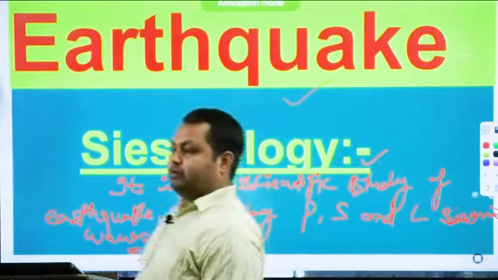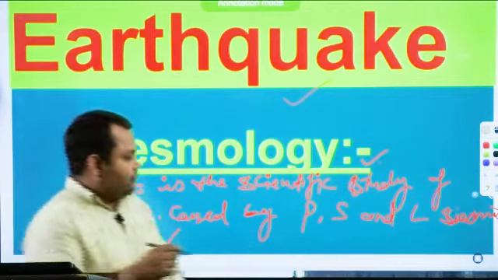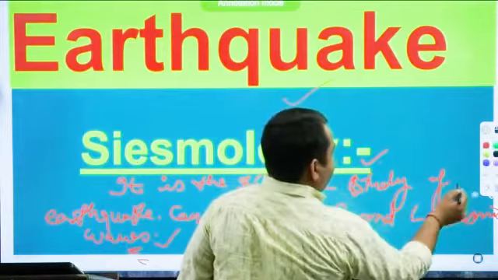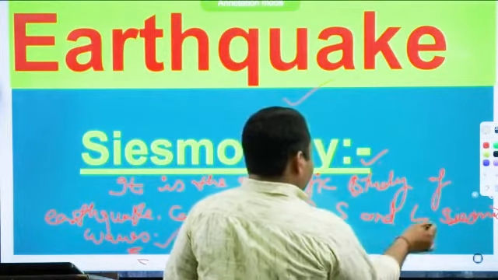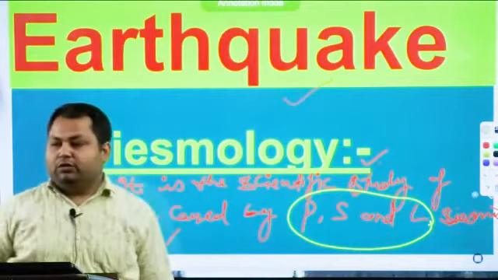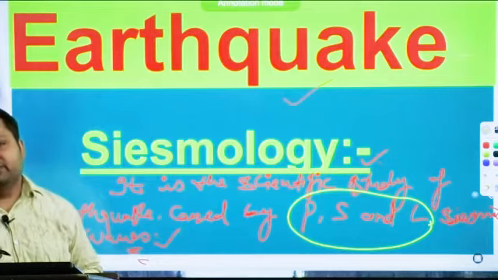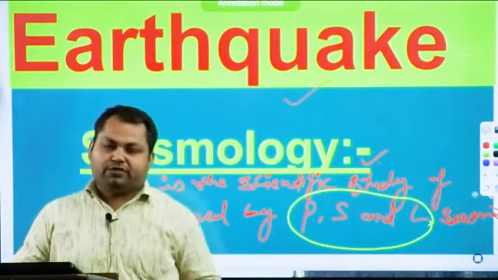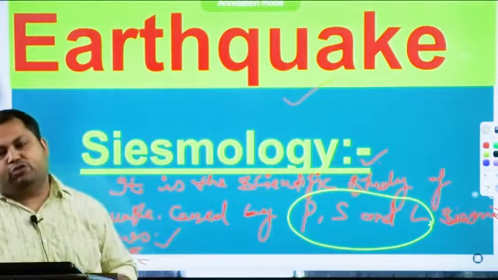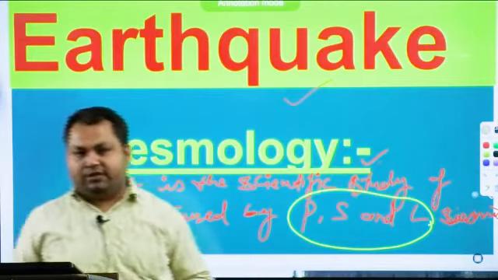Now, we need to know what are the causes responsible for origin of PSL waves. For the origin of PSL seismic waves, there can be two kinds of forces. One is the internal force and second external force, which we also call endogenetic and exogenetic forces.